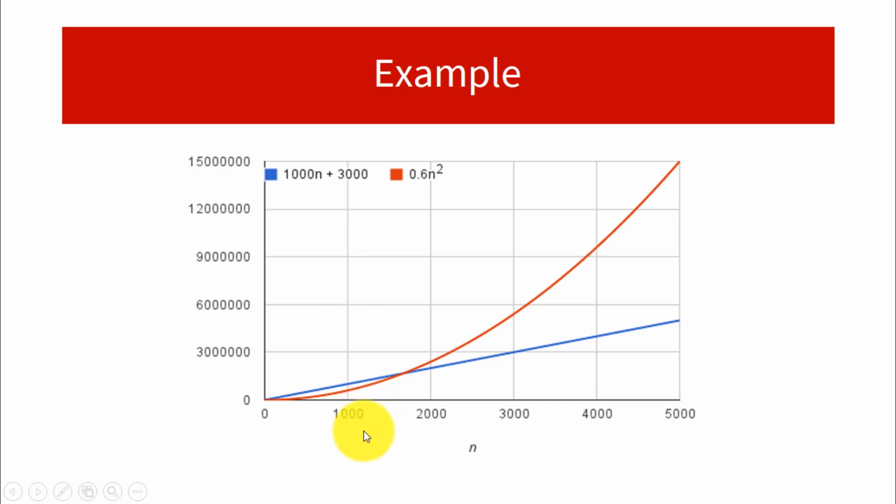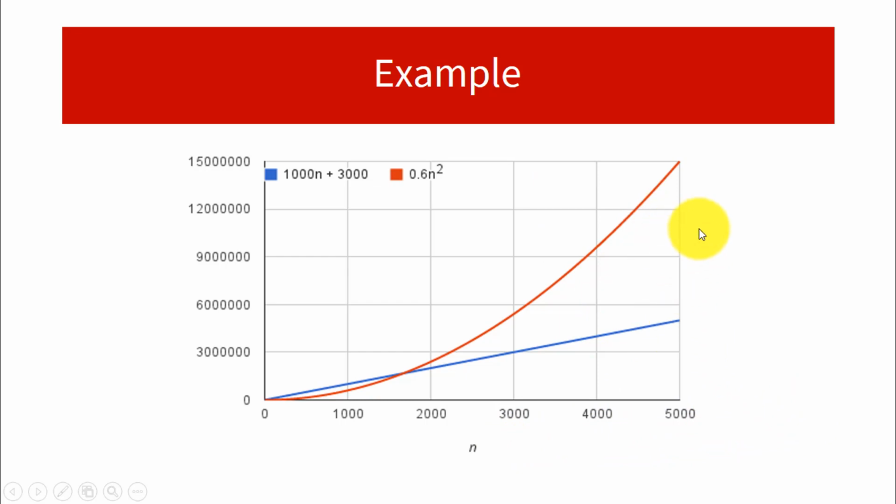And as you can see, again, when the value of n is somewhere between 1000 and 2000, the red line representing the 0.6n squared is clearly dominating the other two terms. And if we increase n more and more, this difference is going to increase as well.